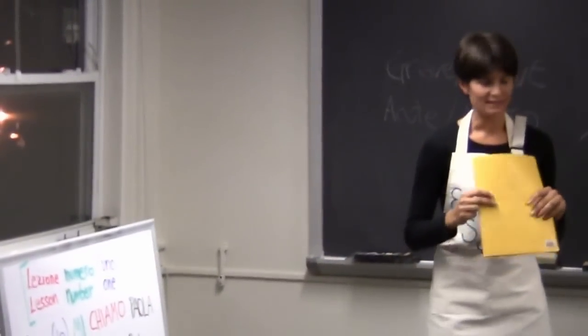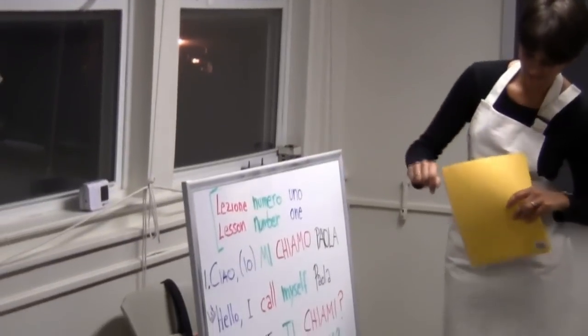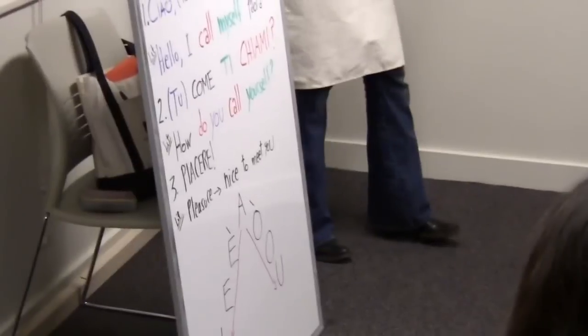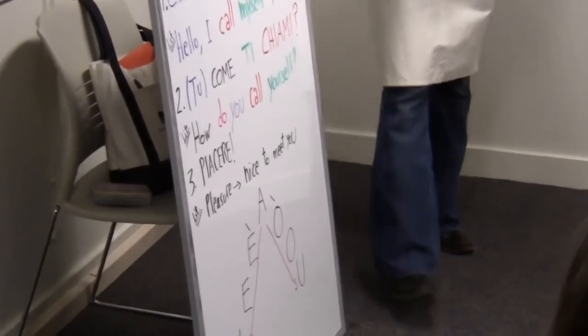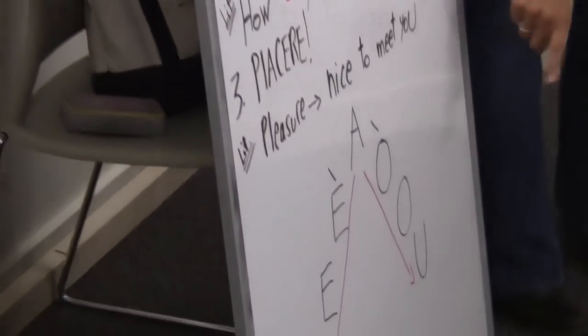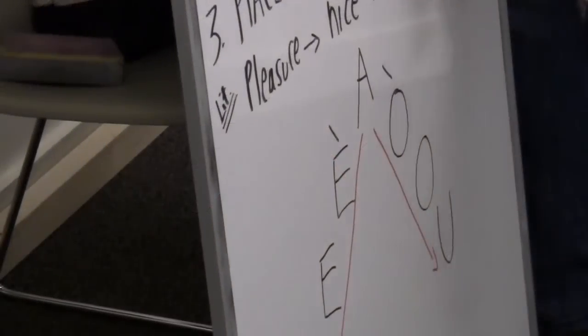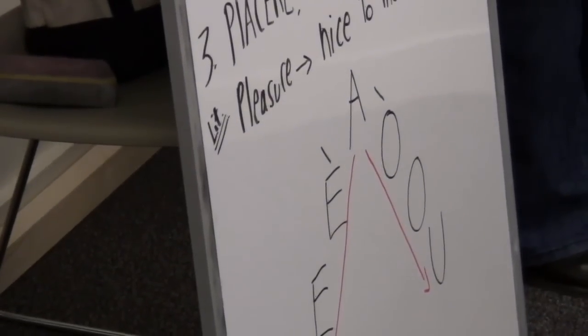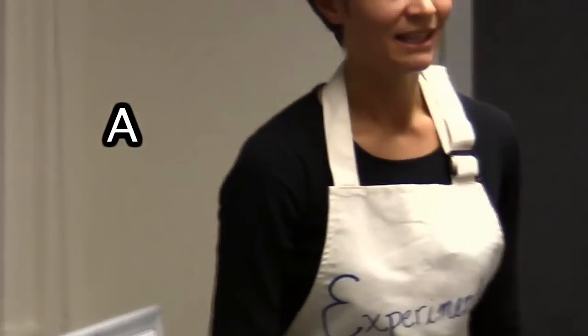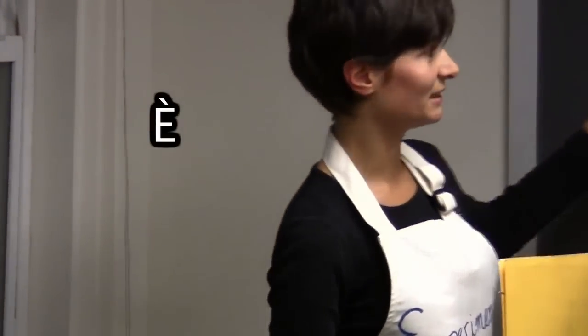So back to our accents. Here we have again the vowels. This time, instead of just saying A, E, I, O, U, we will go from A to I, and then from A to U. And you will see why. Because if I say A, my mouth is completely open. A. Now I have the letter E. But there is a grave accent.